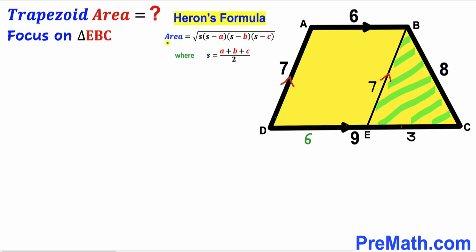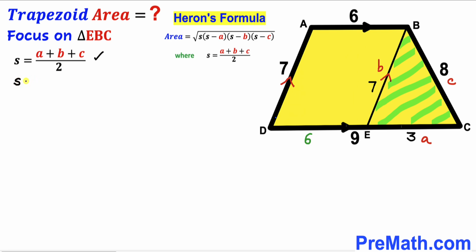The area of the triangle is always equal to the square root of s times s minus a times s minus b times s minus c, where s is always equal to a plus b plus c all over 2. No wonder s is called the semi-perimeter. In our case, our side a is 3 units, our side b is 7, and our side c is 8 units. So let's go ahead and fill in the blanks in this formula.